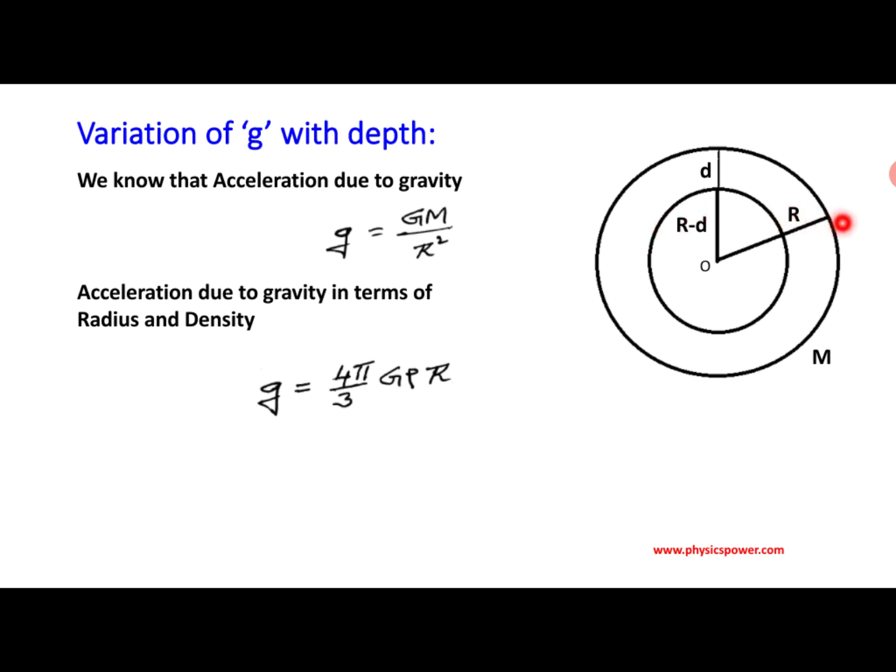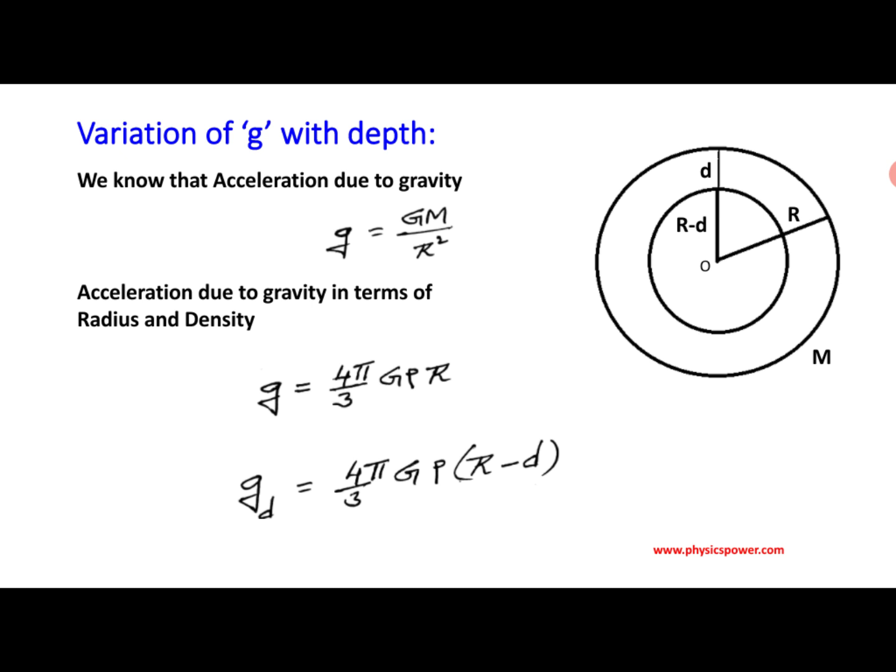Now if you consider a point on the surface, then acceleration due to gravity value is 4 pi by 3 into capital G into rho density into r. But if you consider a point at a particular depth, then acceleration due to gravity at that point, at depth d, gd equals 4 pi by 3 into capital G into rho into, instead of r, the distance from the point to the center of the planet, which is r minus d.